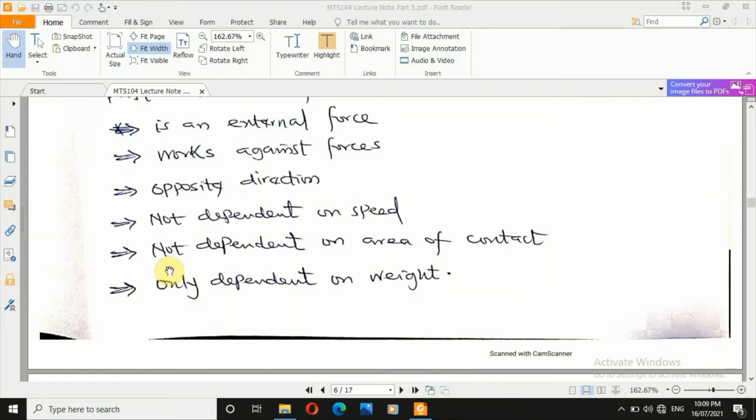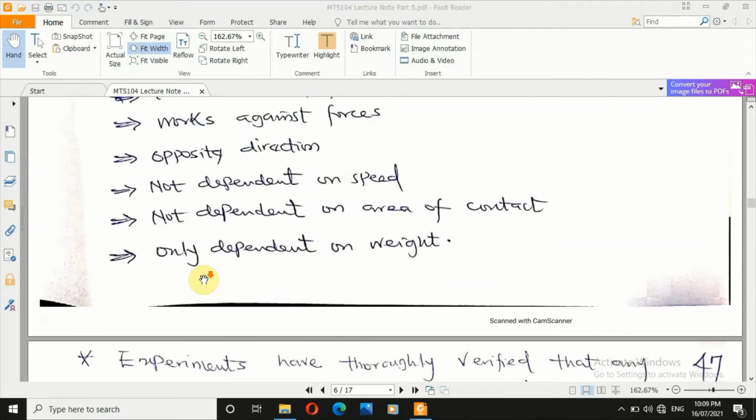Why? It means that the weight of the boy of 5 kg is very small, so the friction will be much lower compared to the man of 50 kilograms. So you can see here that friction is dependent on weight. Please take note of this.